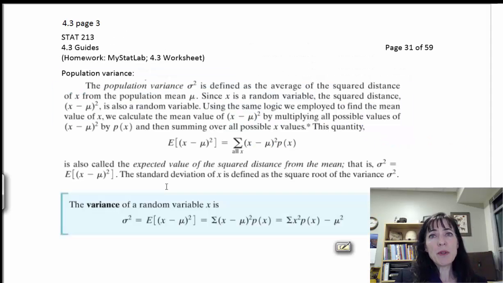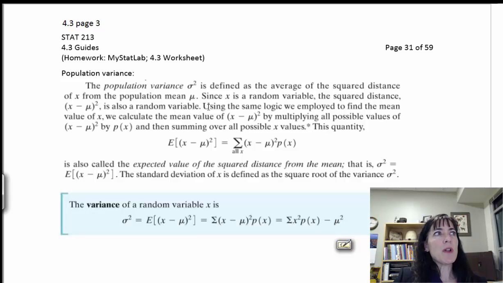And remember the population variance, that was the average of the squared distances from x to the population mean. And we don't usually use that formula, but we know that since x is a random variable, the actual outcome from our experiment is a random variable, then the squared distance is also going to be a random variable.